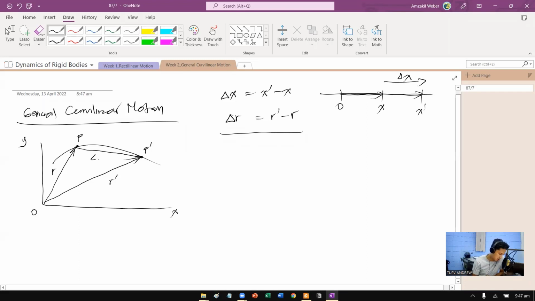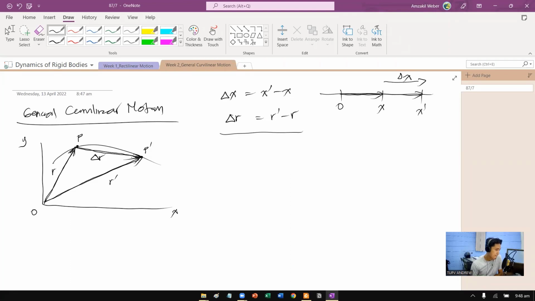This is our Δr. Though similar, it now forms a triangle. So this is our final position minus the initial position equals the displacement Δr, which is the change in position. That is the change in position, Δr.